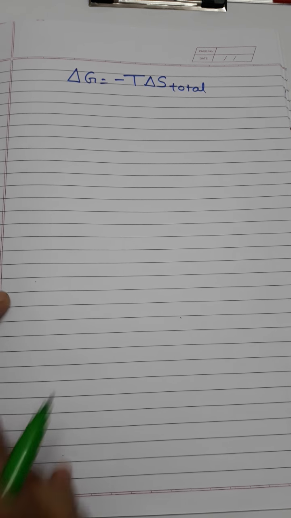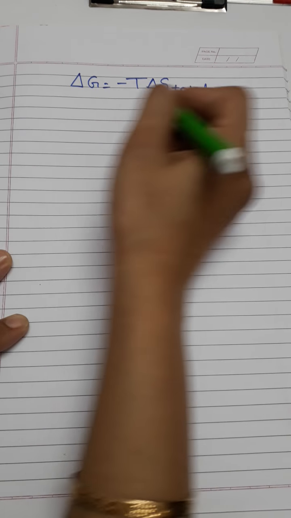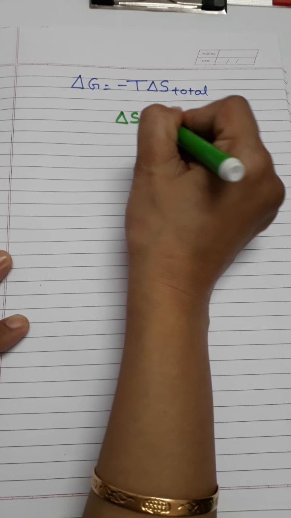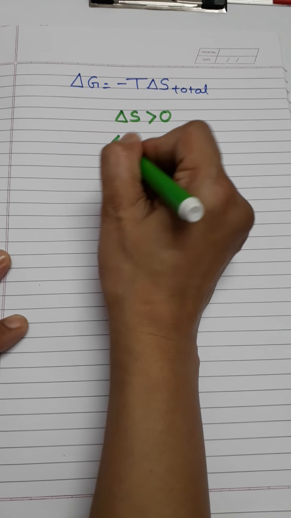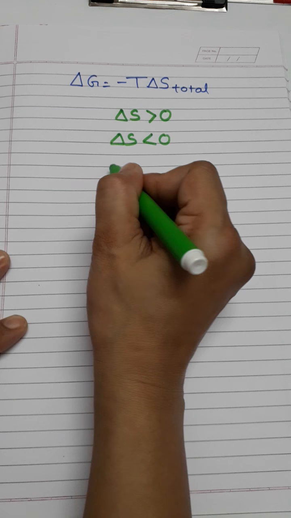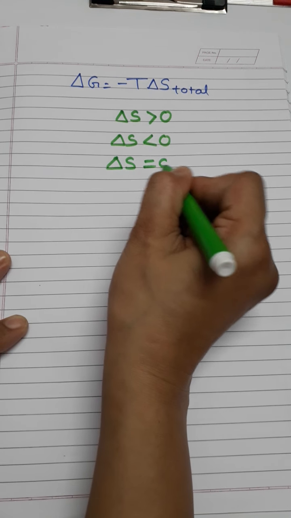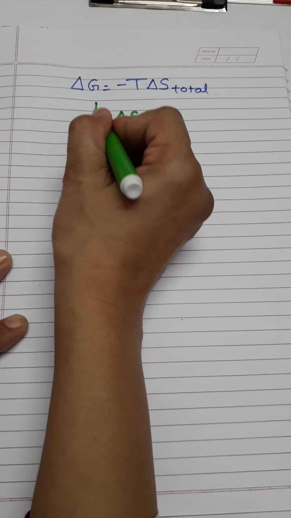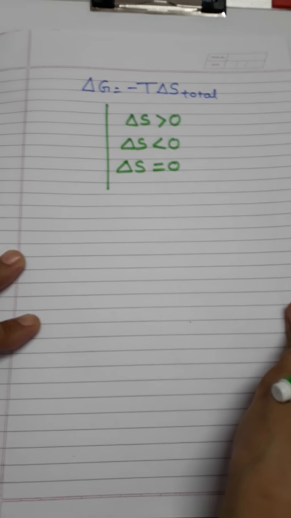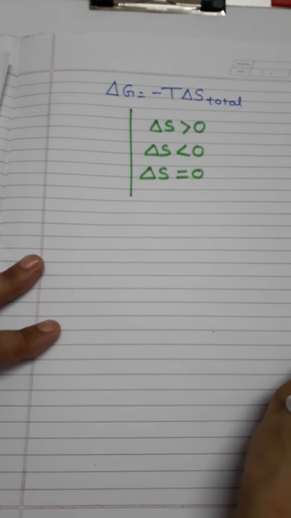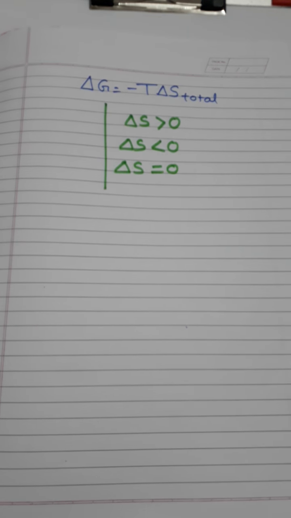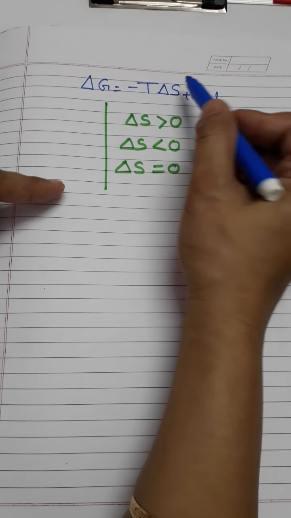How is it easy? Before we proceed, this much you should know: if delta S is greater than 0, if delta S is less than 0, if delta S is equal to 0. Let us see now. Students, if delta S is greater than 0, it means delta S is positive.